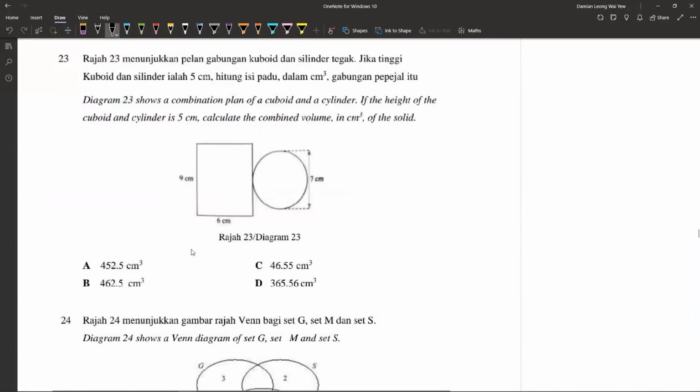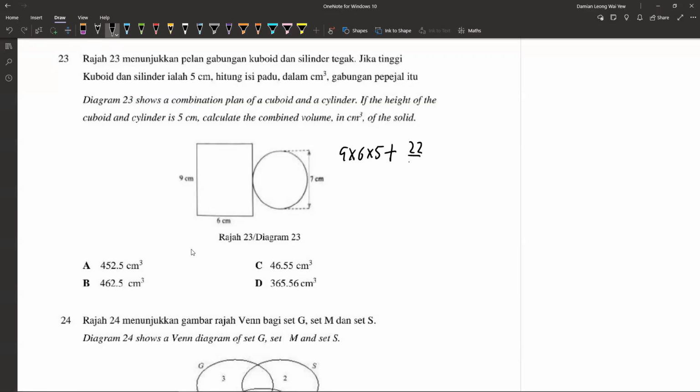Okay. And question 23. Cuboid and cylinder, 5 cm. Calculate the combined volume of the solid. So this is the plan view of a cuboid and cylinder. Both of them have height 5 cm. So the volume of the cuboid is just 9 times 6 times 5, plus the volume of the cylinder. Cylinder is pi r squared h.